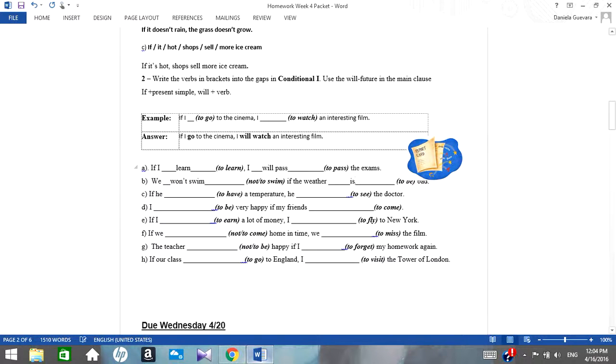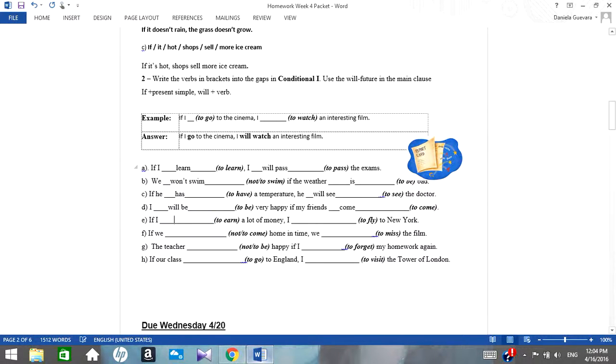So remember, this is the second clause. So I can say we will not swim or we won't swim and it would be correct. If he has a temperature, he will see the doctor. I will be very happy if my friends come.